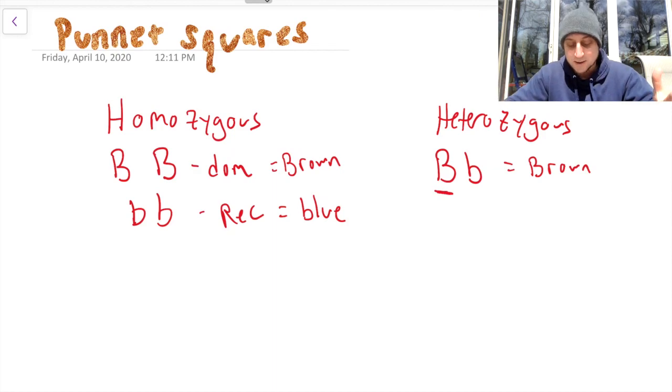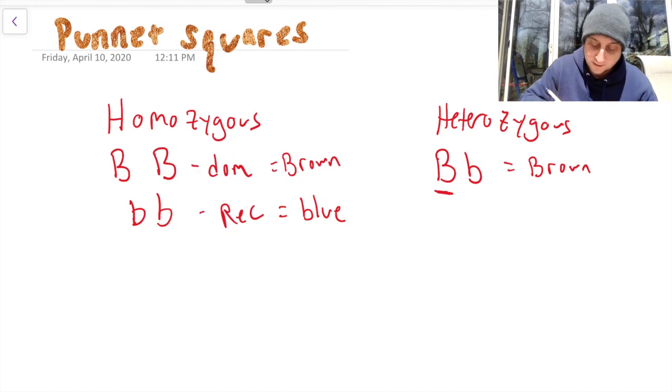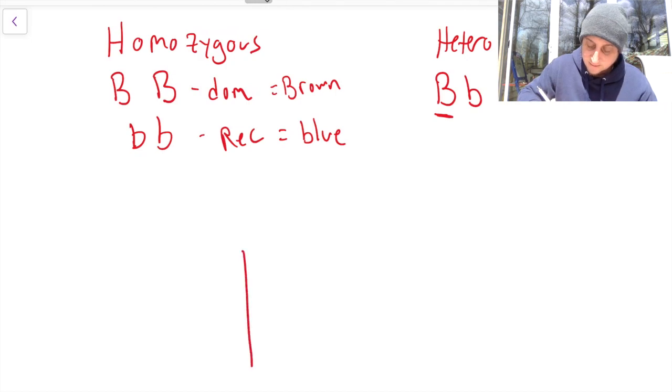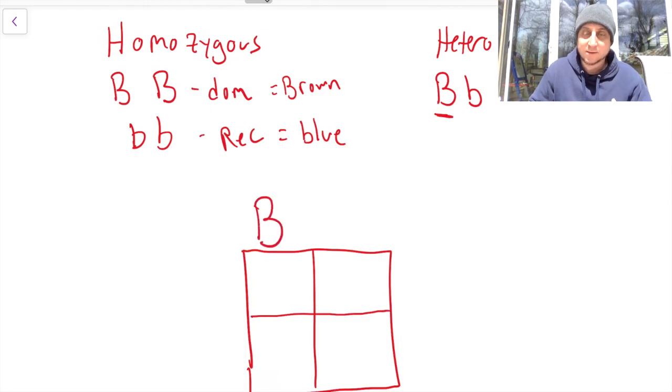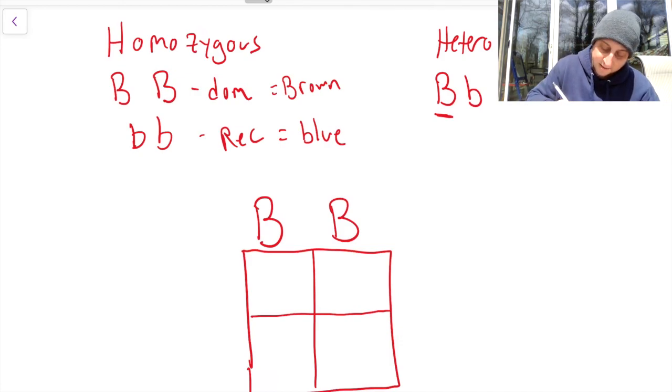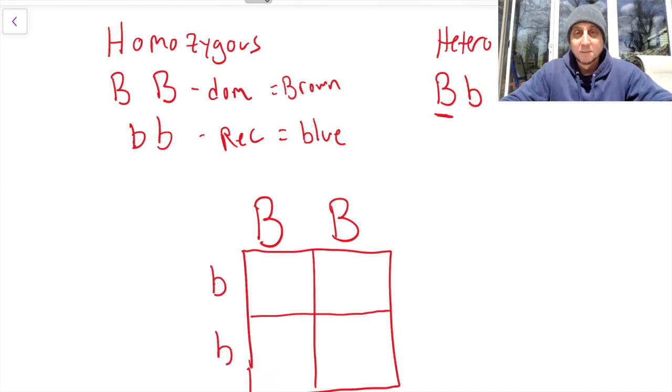So when we're doing a Punnett Square, let's just say we're going to cross a homozygous dominant. So that's going to be big B in this situation. And again, big B means brown eyes and little b means blue eyes. With a homozygous recessive, well, there you go. We're looking at the Punnett Square now.